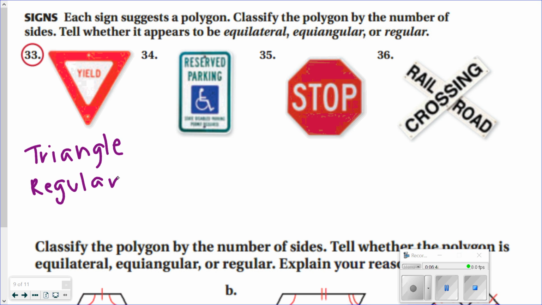Classify the polygon by the number of sides. It would be a quadrilateral. I'm just going to put quad. And we see that the sides are not congruent, but the angles are, so it would be equiangular.